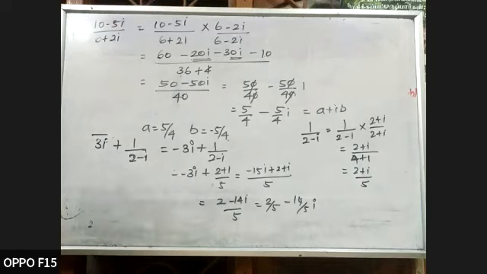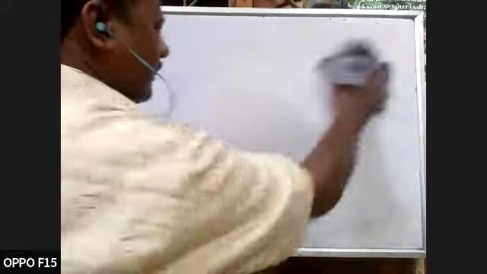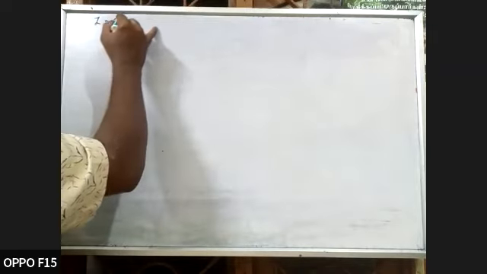Next one: if z equals x plus iy, sometimes they give it themselves. I commonly take a plus ib in general, but in the question itself it is given that z equals x plus iy.